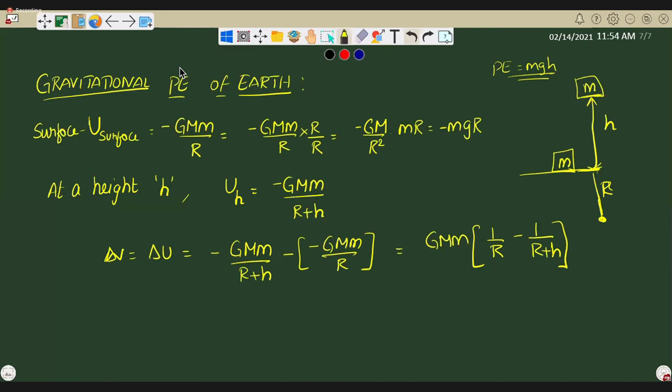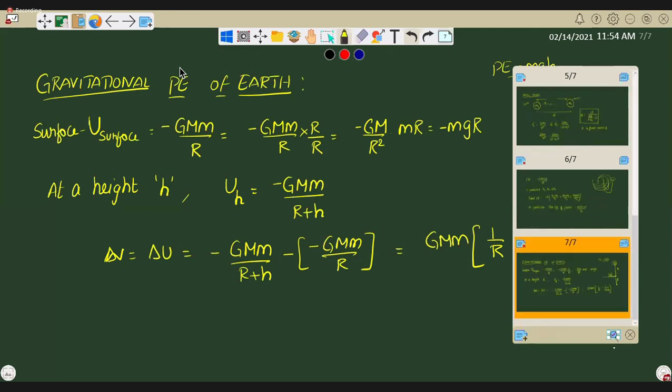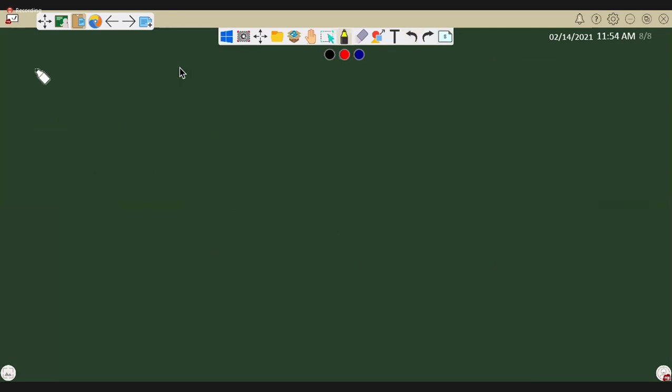So now let's go to a very important concept called escape velocity, which we generally denote with VE. Now, what do I mean by escape velocity?